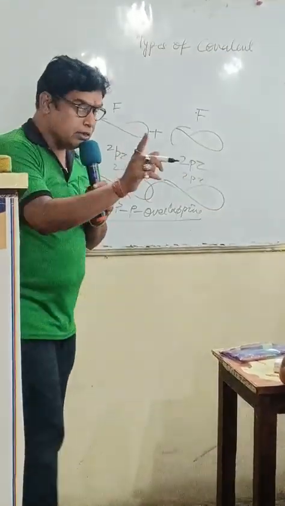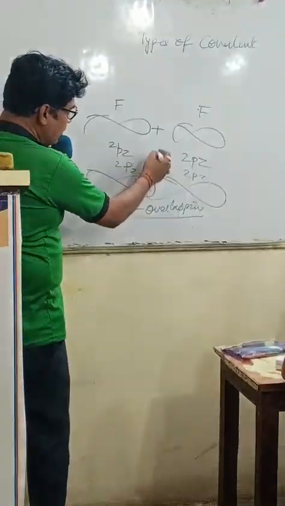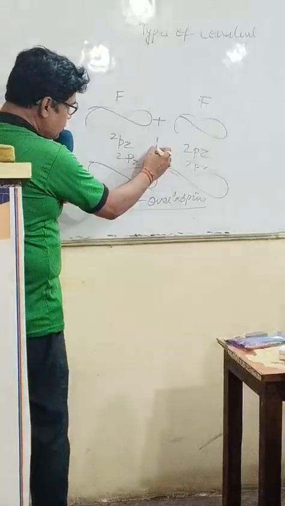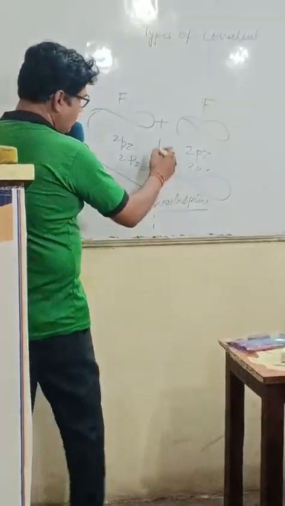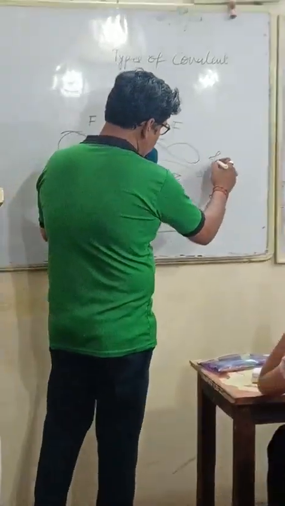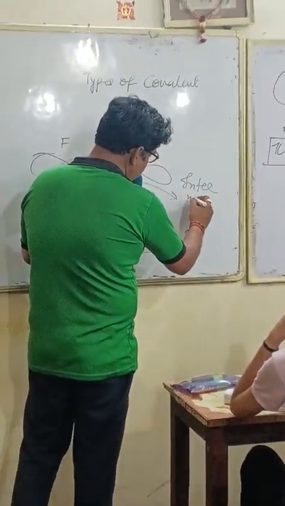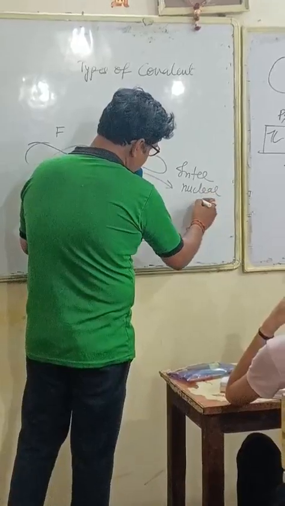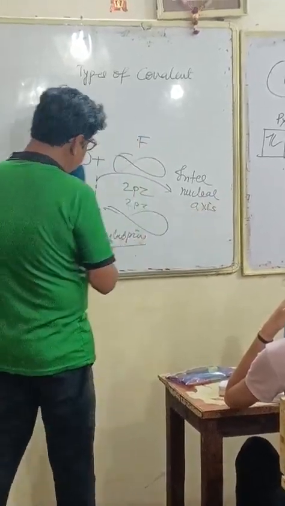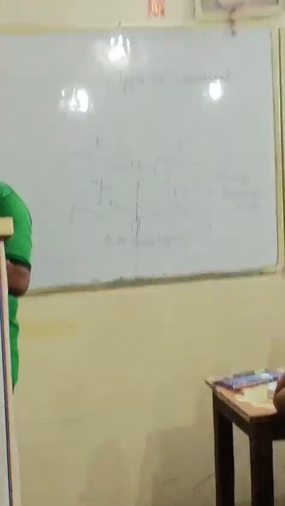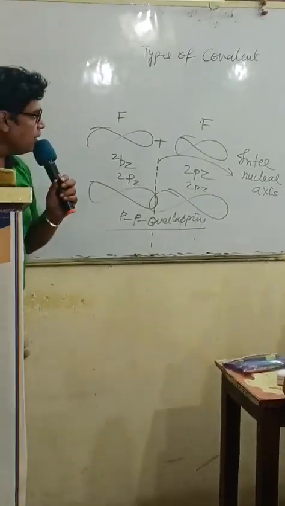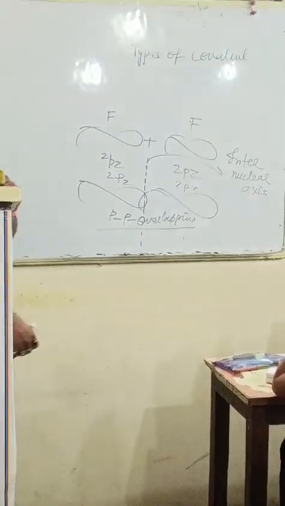And one more thing, ये pp overlapping कहाँ से हो रहा है? You can see here, this one is known as the internuclear axis. So when overlapping occurs along the internuclear axis, it is known as pp overlapping. और इसका molecular orbital कैसा बनेगा?